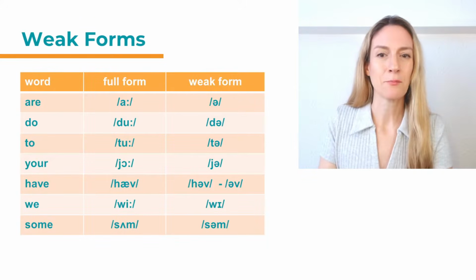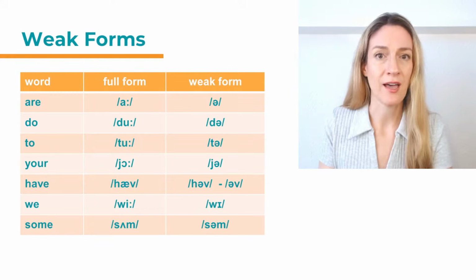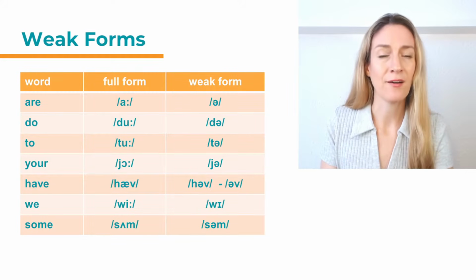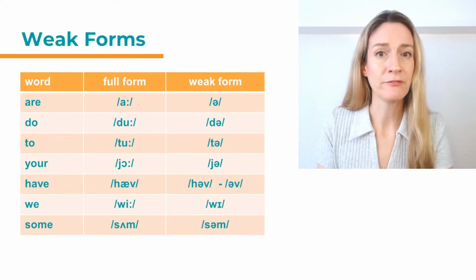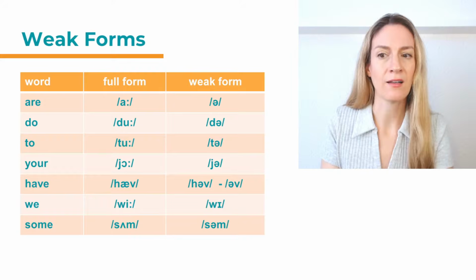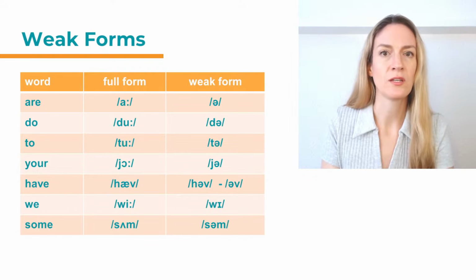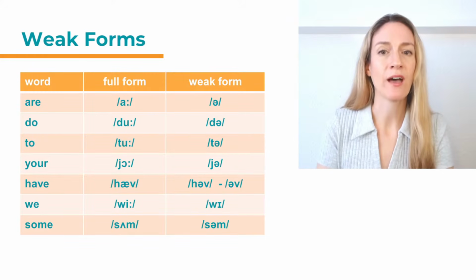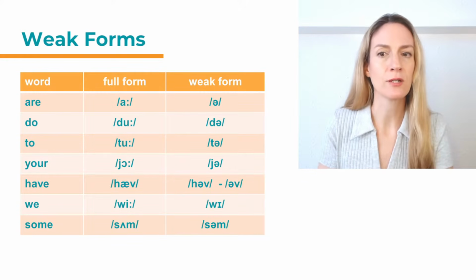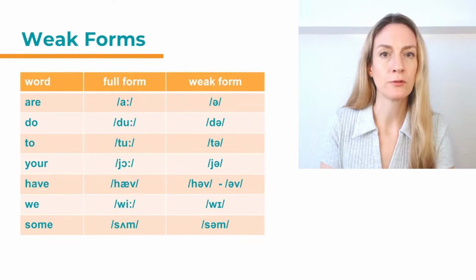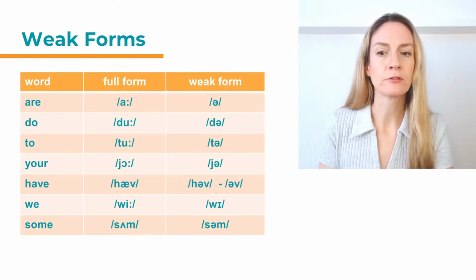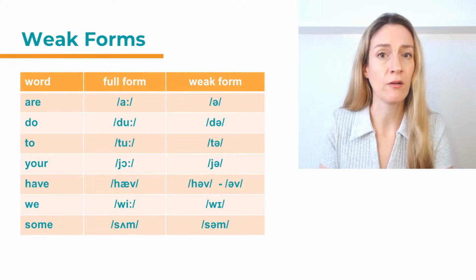Now here is a summary of the words that we looked at. You see the word written down on the left, and then in the middle you have the full form transcript. So we had are, do, to, your, have, we, and some. But then on the very right hand side you have the weak form. If you compare the transcript of the full to the weak form, you will see that the full form contains a lot of long vowel sounds.